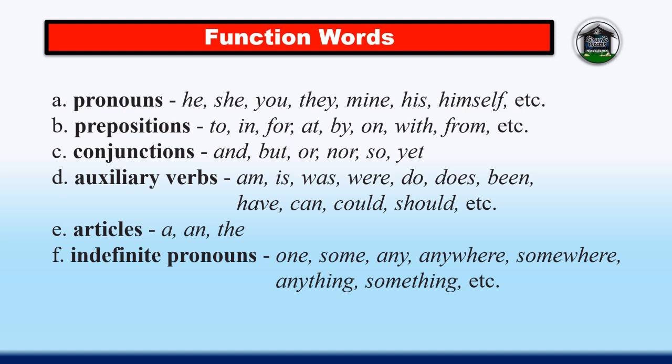Prepositions, as in to, in, for, at. Conjunctions, as in and, but, or, so. Auxiliary verbs, such as am, is, was, were. Articles, such as a, on, and the. Indefinite pronouns, such as some, any, or one.